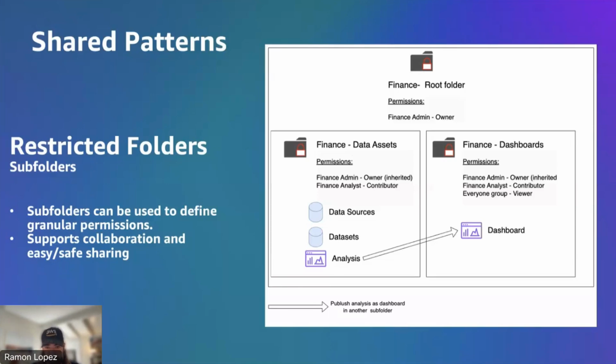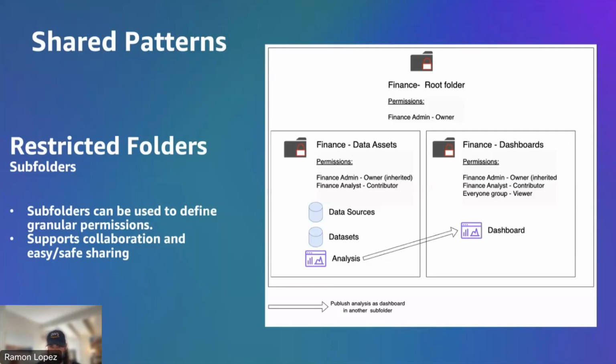Publishing, apologies for the spelling error, publishing from analysis to a dashboard in another folder is done through the UI very easily. So any contributor can choose which subfolder to put the assets they're creating, which will define who will be able to see it based on those subfolder permissions. So again, this is a very simple example of leveraging subfolders to manage granular permissions.